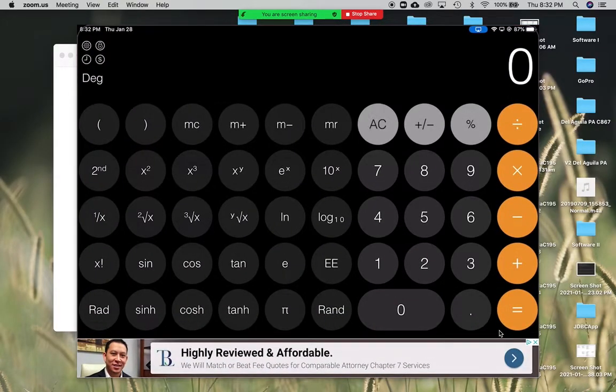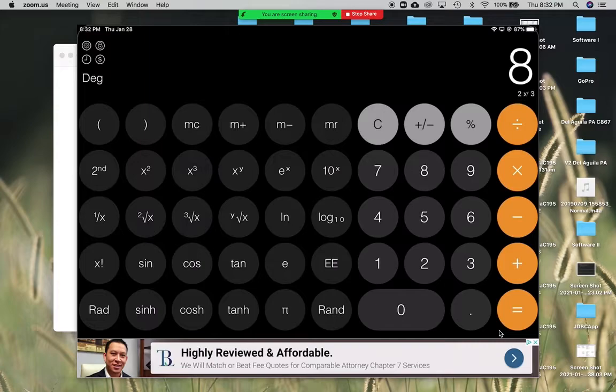So to do 2 to the third, you can hit 2. So the 2 button, and then on the left side, underneath the M plus, it's the XY button. So it's like 2 raised to the what, and then you do 3.